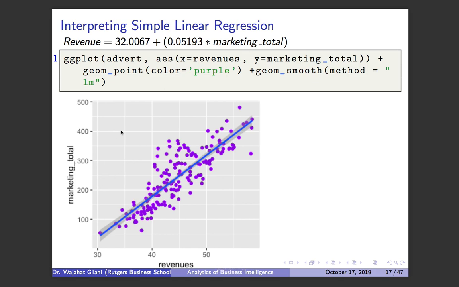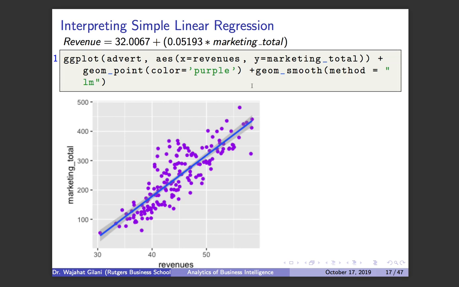Okay, let's graph that linear regression line. We already have the scatter plot, revenues and marketing total. But now let's put in that linear regression line. Remember, I said ggplot is made for analysis.